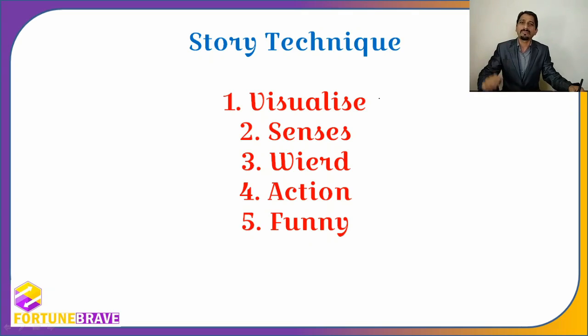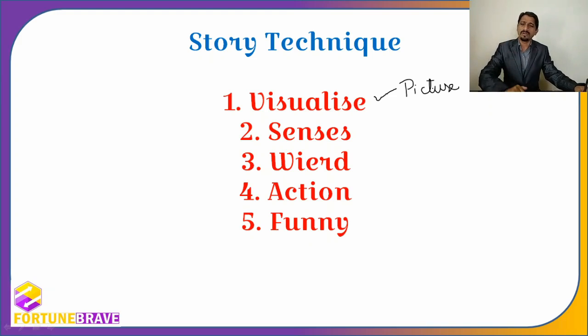You all have the capability of creating the story, and whenever you create it, taking those items in the list, the first one to the second one to the third one to the fourth one, you will first visualize the thing. Visualize means the picture should come in front of you. You should see the picture of whatever you are saying.